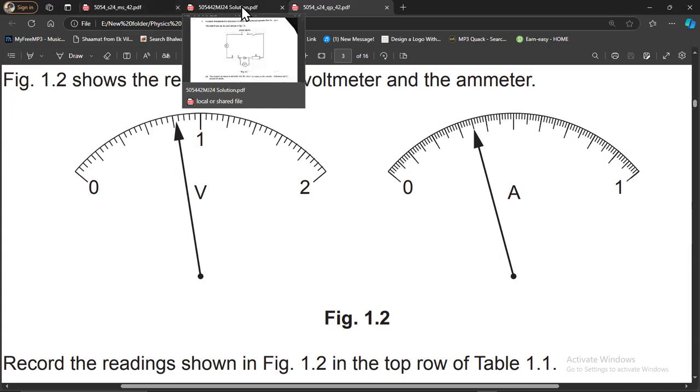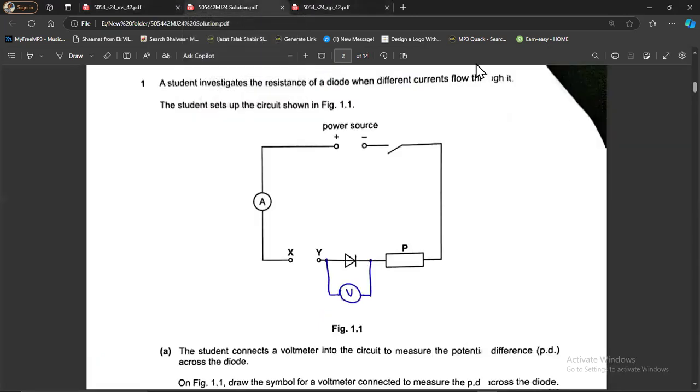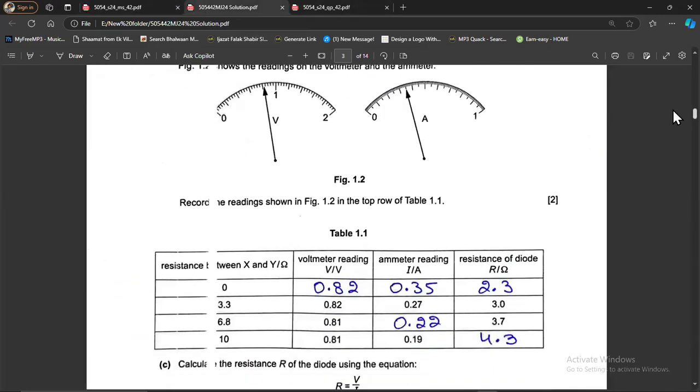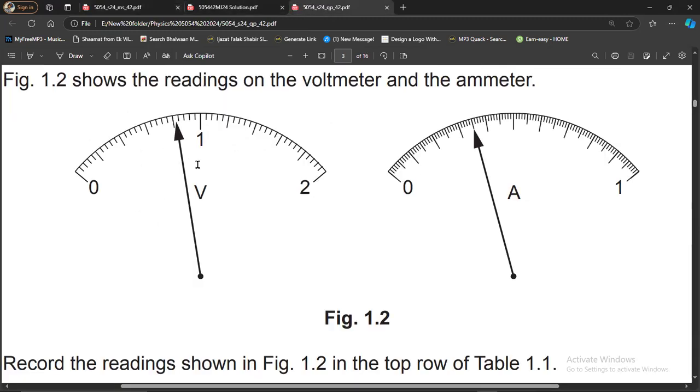So this is basically 0.81, I think. Sorry, this is 0.82. Okay. So each small square is basically representing 0.04. So the voltmeter reading is 0.82.